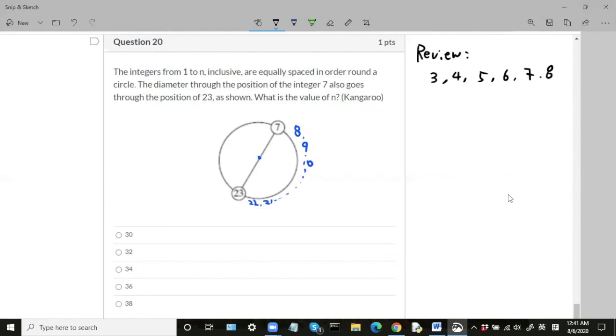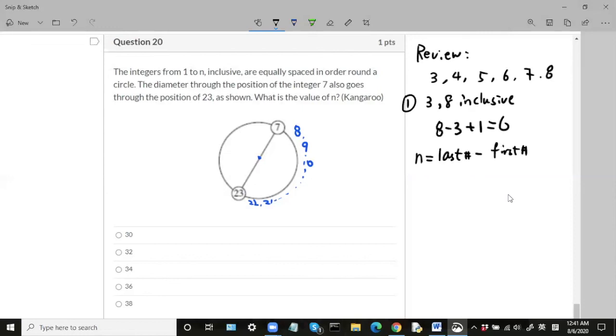If we count how many numbers, if 3 and 8 are inclusive, we have 8 minus 3, and we need to plus 1. So the number equals 6: 1, 2, 3, 4, 5, 6 total inclusive. So it's the last number minus the first number, plus 1. Then we have 6.